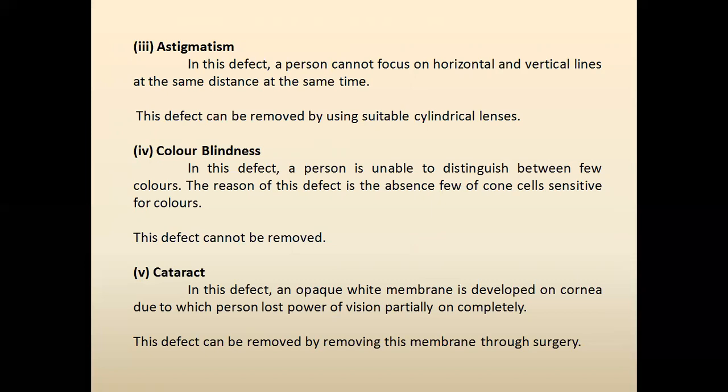In this defect, the person is unable to distinguish between a few colors. And the most common defect is cataract. In this defect, an opaque white membrane develops on the cornea, due to which the person loses the power of vision partially or completely. This defect can be removed by removing the membrane through surgery.